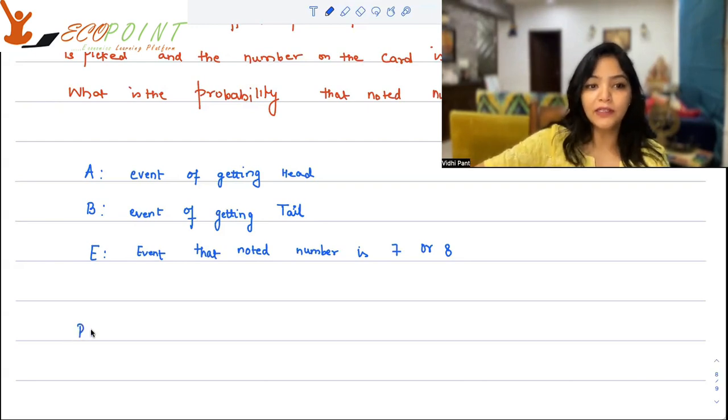So we are supposed to find out the probability of E, and it is actually the total probability because it can happen under the situation of A occurring.